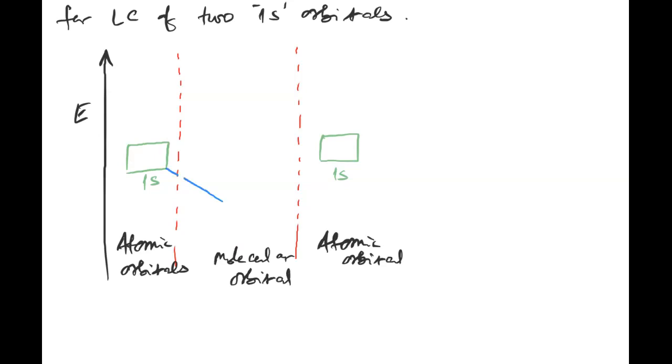Due to linear combination of 1s and 1s, we have the formation of a molecular orbital, and another molecular orbital is formed. They are sigma 1s and sigma star 1s.